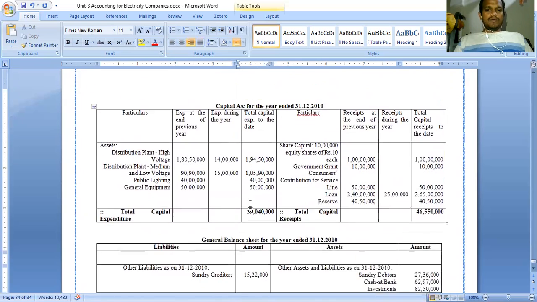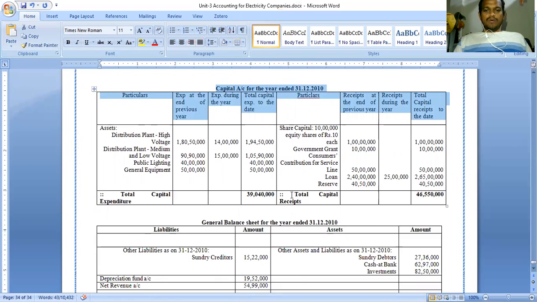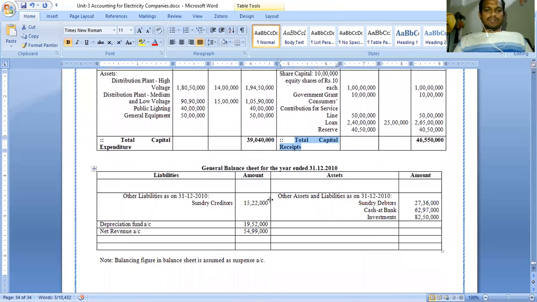Okay, so we already finalized the capital account balances. So whatever the total capital receipts, see, total capital receipts, in the sense these are the sources, nothing but liabilities. So total capital receipts 406 lakh 65 lakhs 50,000.